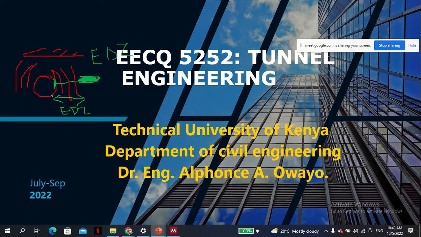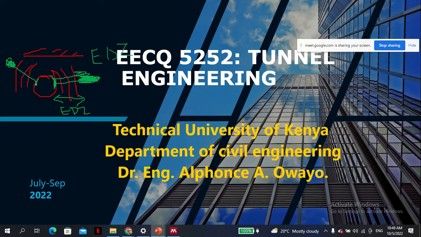So this is the layout. The cracking, as you've seen, or the discontinuities, determine how the design of rock bolts will happen. That's what we're trying to say.